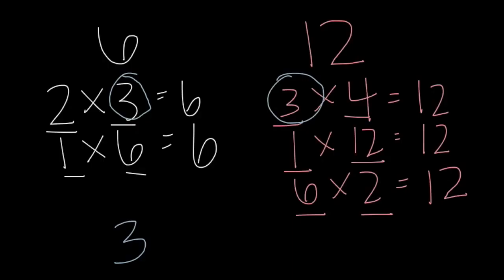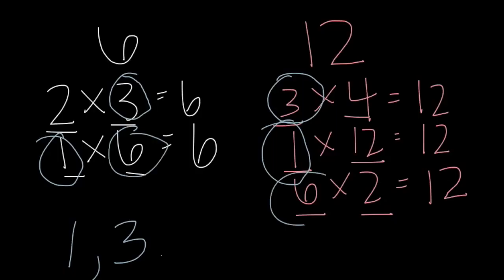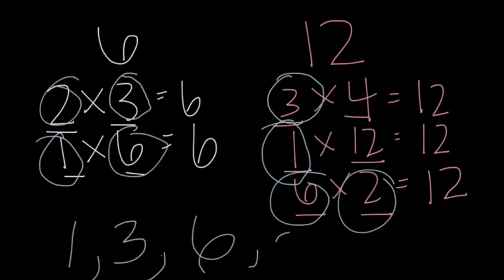So not only is 3 a common factor between 6 and 12, but you can also notice that there's a 1 on both of them, and there's also a 6, and there's also a 2. So these are all of our common factors for 6 and 12.